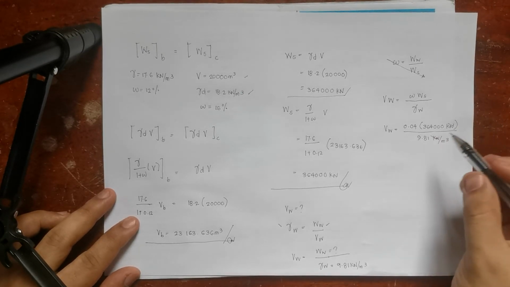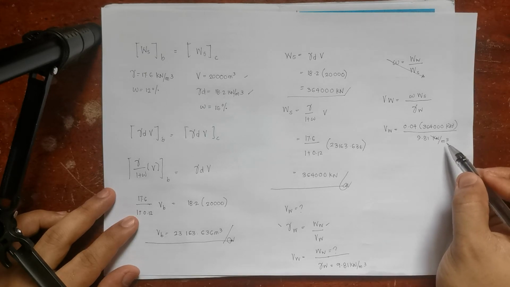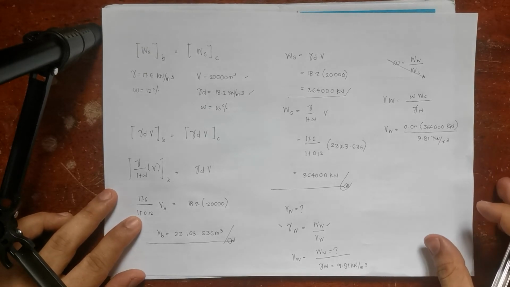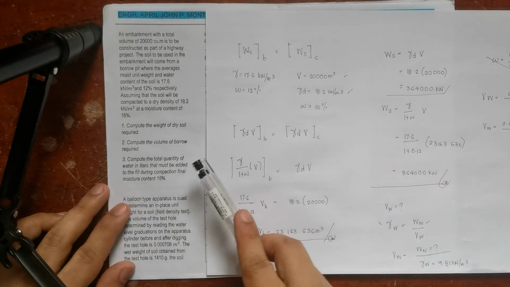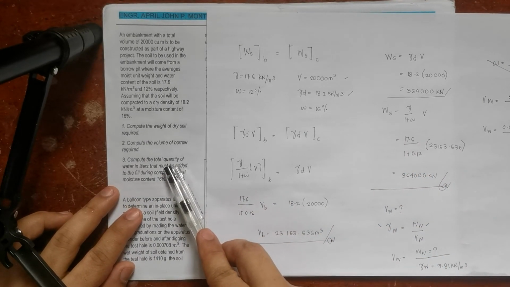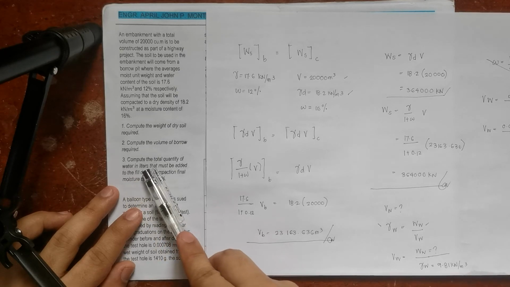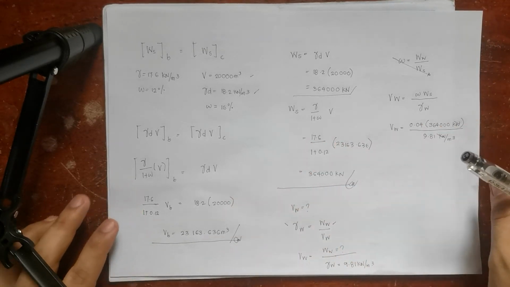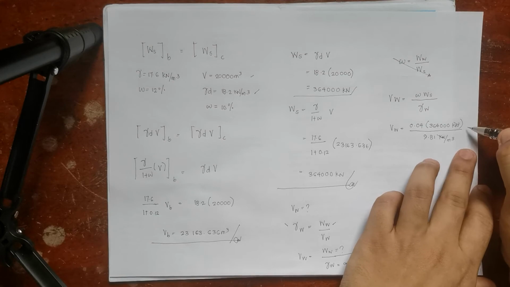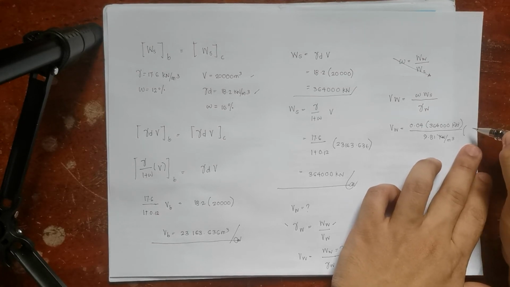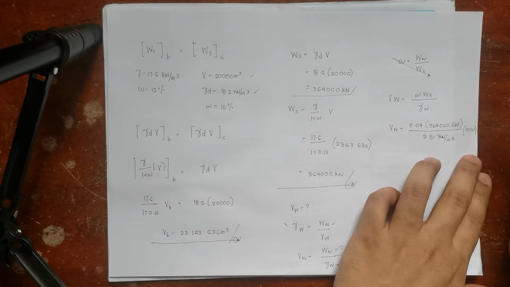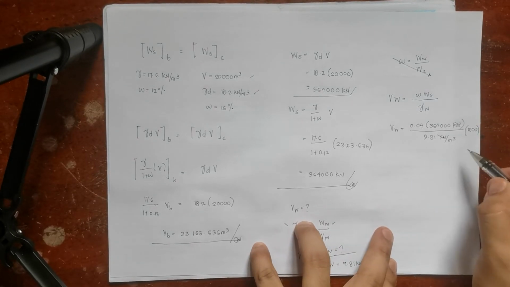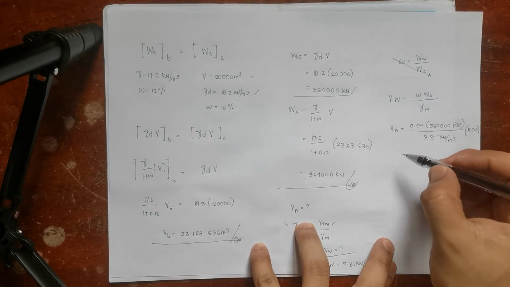Ang magiging unit natin dito is in cubic meters, but yung ating unknown, the volume of water should be in liters. So, para maging liters yung cubic meter mismo, multiply natin yung sagot dito by 1,000 liters per cubic meter para mag-cancel yung cubic meter na unit.